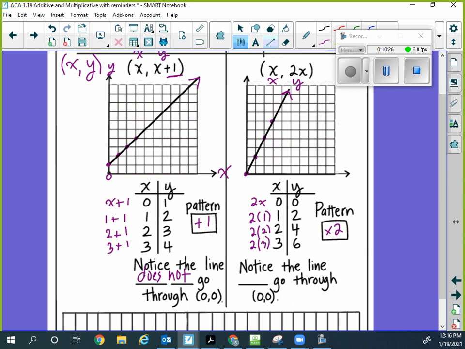Notice about this line. What do you see? It does go through 0, 0. Okay. So on a multiplicative pattern, it is going to go through the origin when you graph it. Does that make sense, you guys? Questions so far? Okay.